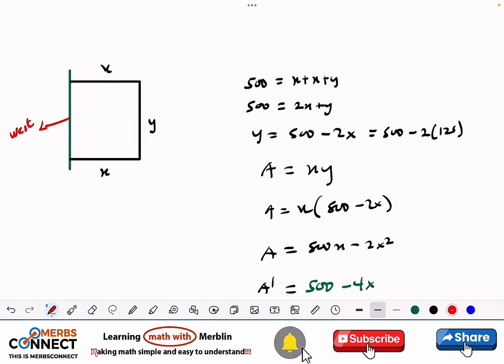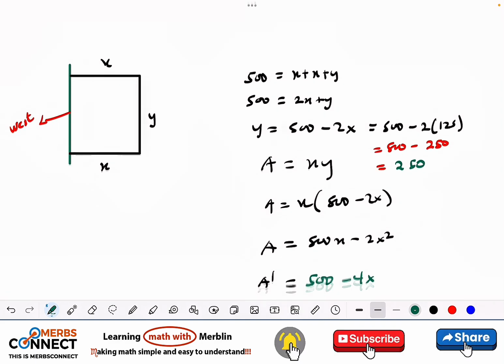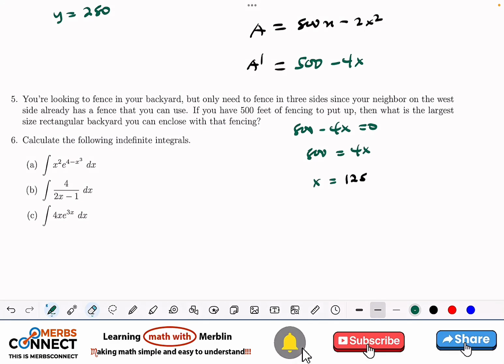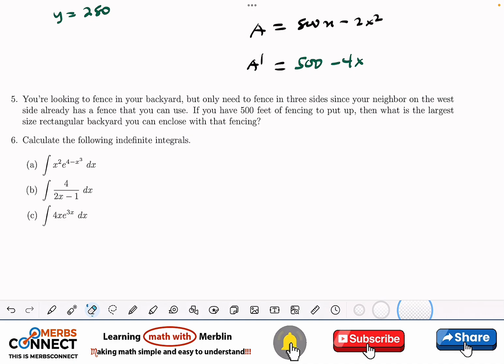So do the multiplication and let's see. 500 minus 2 times 125, which is, I think, 250. Yes. And when I do the subtraction, I'm going to have y to be 250. Good. So x should be 125 and y should be 250, so that we can fence the wall.